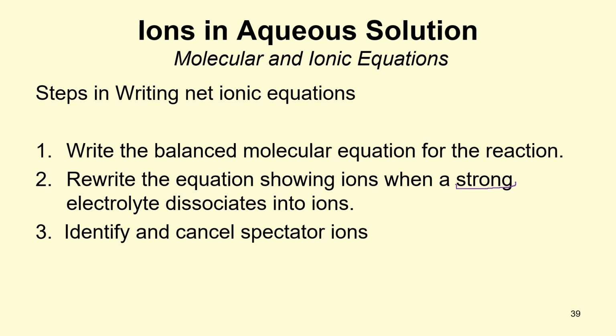And then a few of them won't be on the solubility rules, and we're going to talk about that in a minute, the acids and bases, but most of them you can do the solubility rules. Then just identify and cancel spectator ions and rewrite the net ionic equation. Don't forget to distribute coefficients.